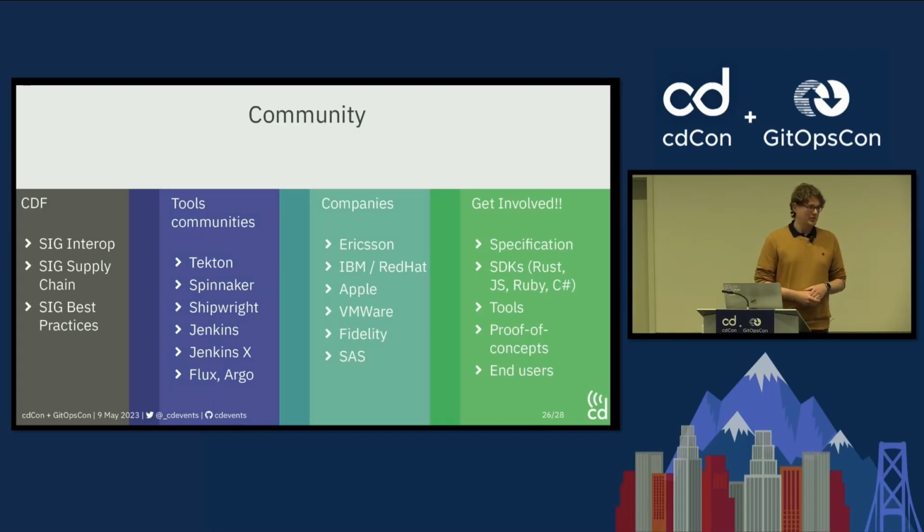So it's a great opportunity to join us, contribute, and influence the direction of the project. There are so many areas where we're looking for contributions, from the specification, with high-level discussions about where we want to go, to building SDKs, tooling, proofs of concept, and so forth. And of course, adoption.